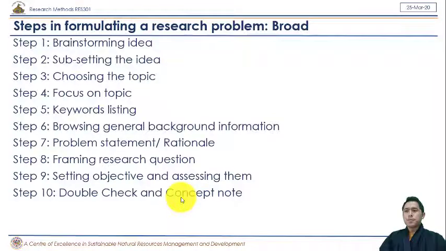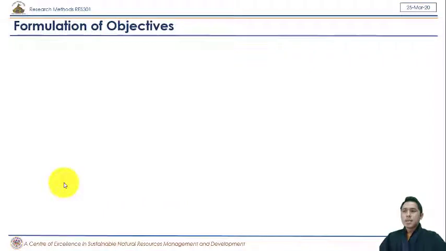Before that, in step 9, we have the step on setting objectives. Setting objectives is very important, and I want to spend a few minutes on how to set objectives.